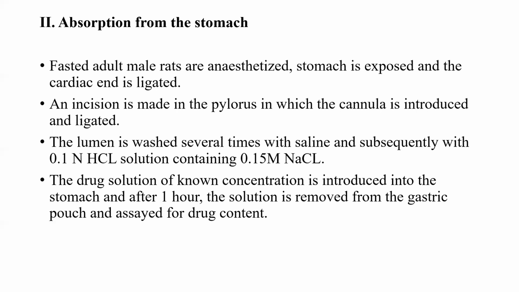An incision is made in the pylorus, in which the cannula is introduced and ligated, and the lumen is washed several times with saline and then subsequently with 0.15 M sodium chloride solution. Then the drug solution of known concentration is introduced into the stomach, and after 1 hour, the solution is removed from the gastric pouch and assayed for the drug content.